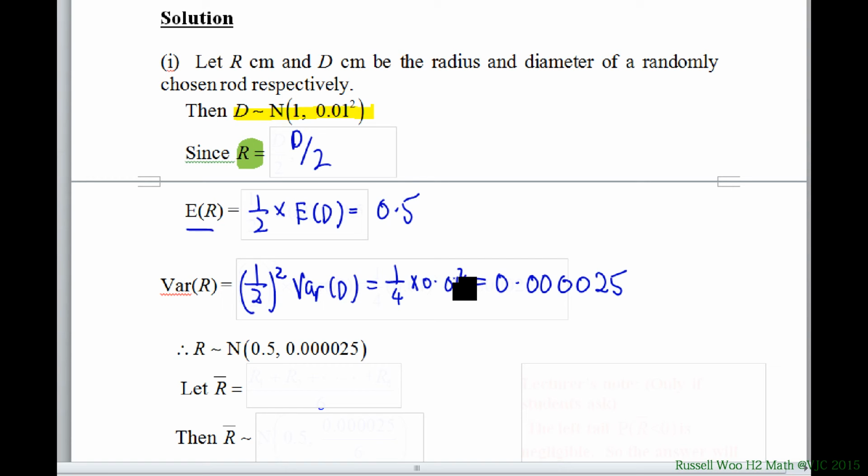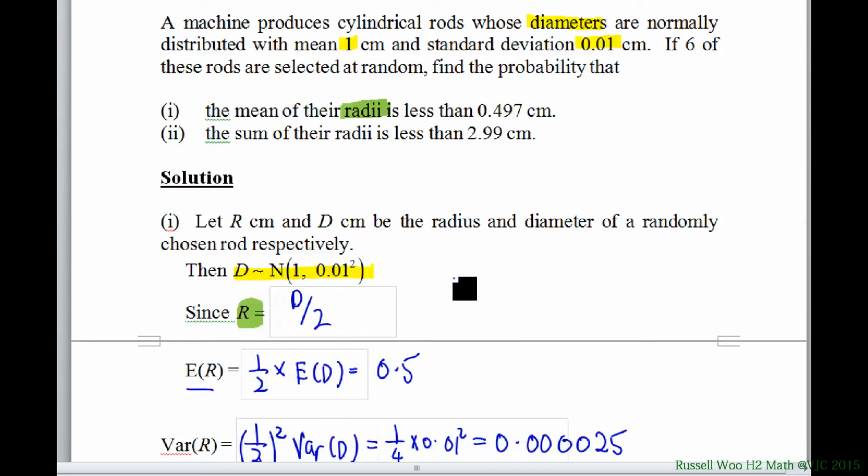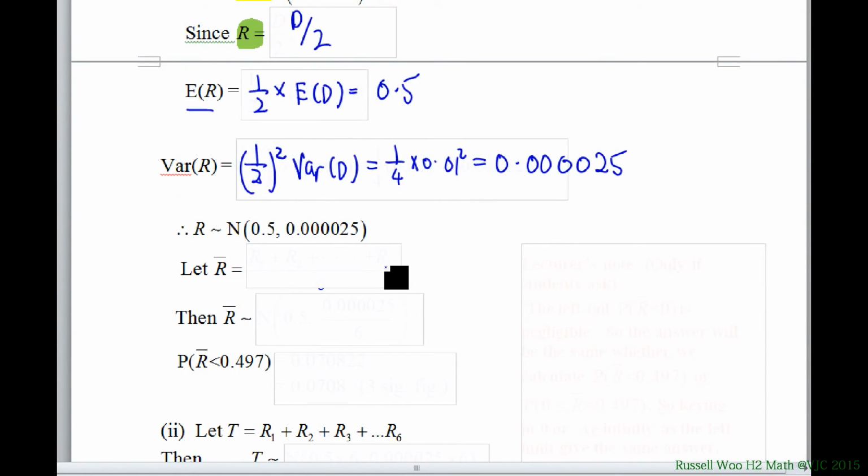Now what do we want? We want the probability that R bar, the mean of the radii. The mean of how many? The mean of all 6 rods. Correct? You want R bar, and R bar is the mean of the radii of 6 rods.